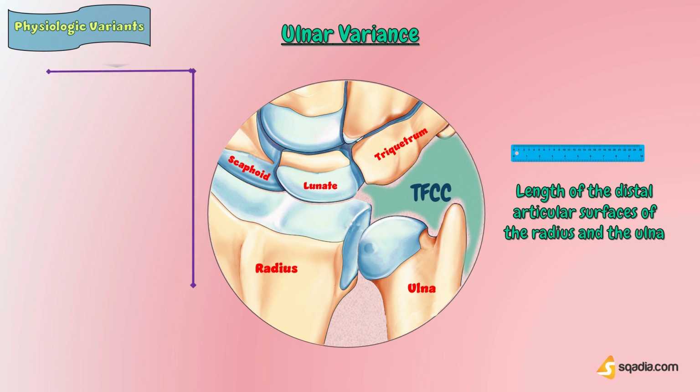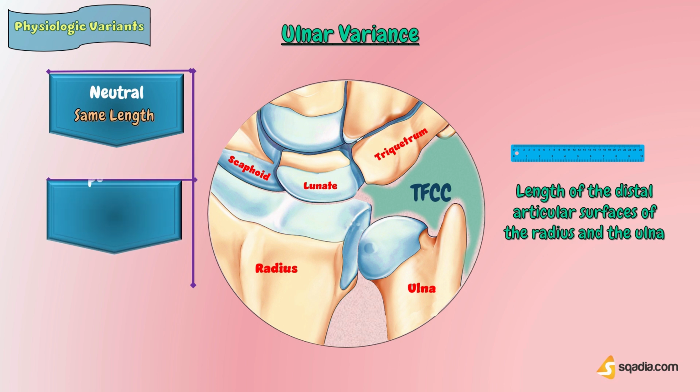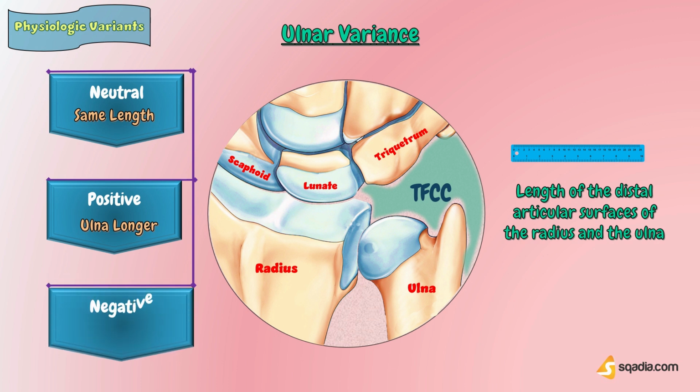It can be neutral, having the same length. Positive ulnar variance, where the distal articular surface of the ulna is more than 2.5 mm distal to the articular surface of the radius. Negative ulnar variance, a state where the ulna is abnormally shortened by more than 2.5 mm compared to the radius.